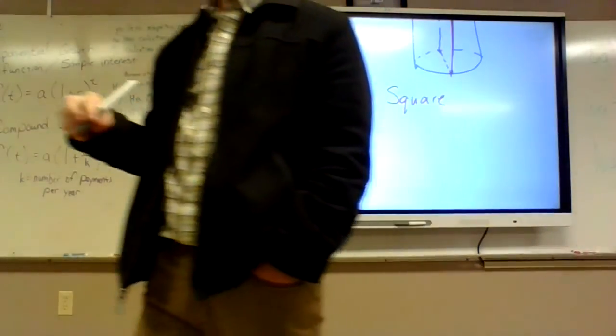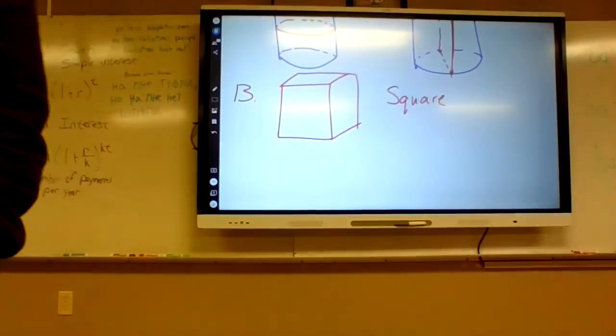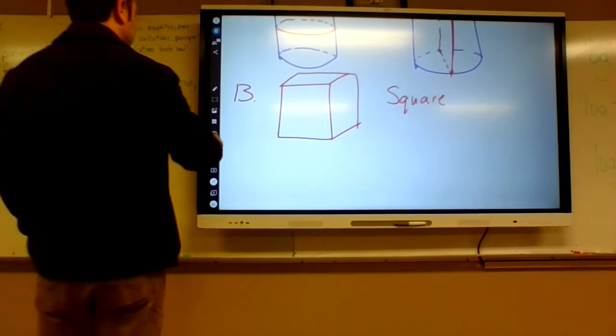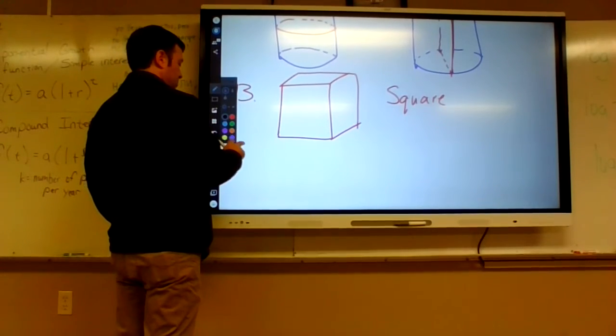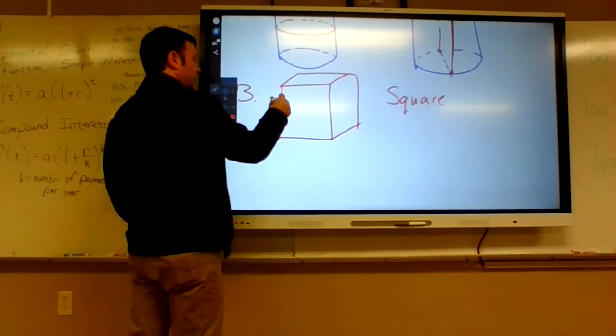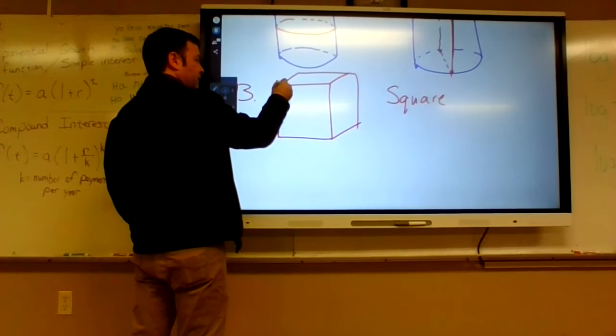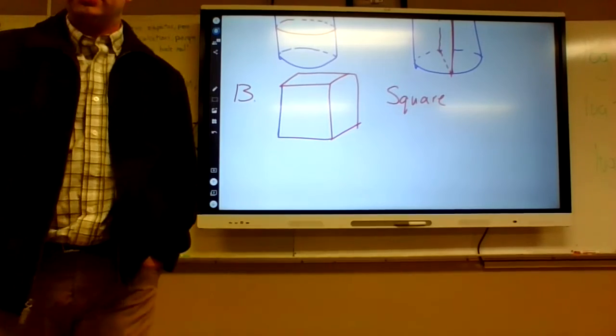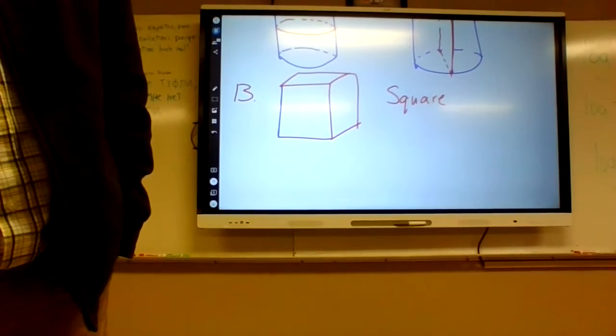Okay, 14 says a plane containing the left front edge. Okay, what's left front edge? You said number 14? Yeah. Left front edge, so it's a plane containing that. And what else did it say?